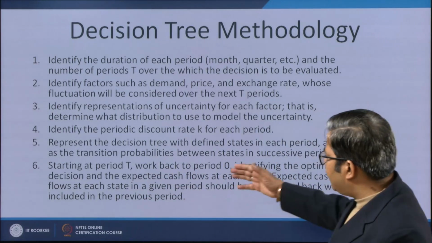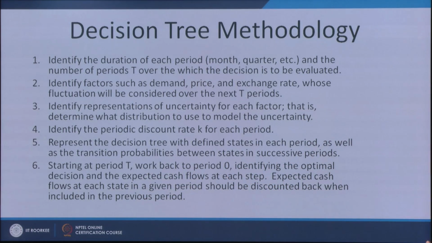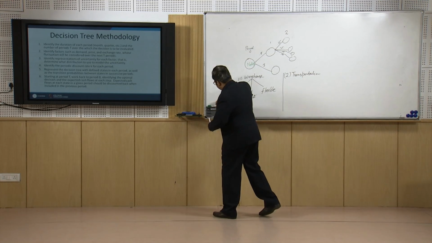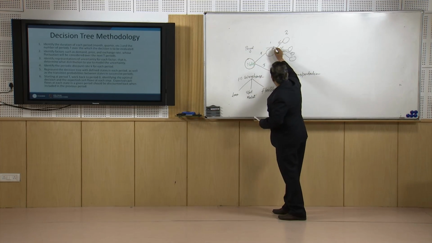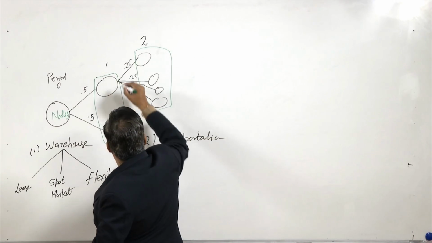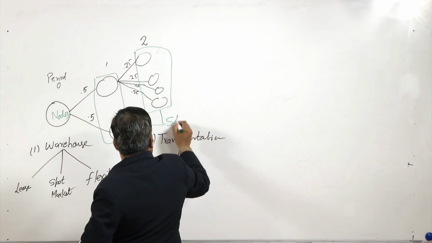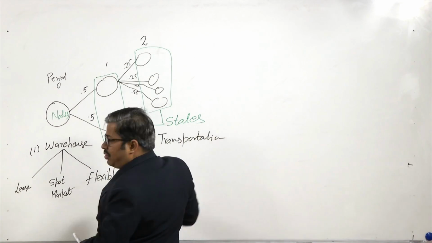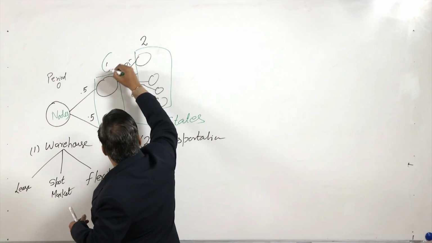Then represent the decision tree with defined states in each period. These are the states, and these are the time periods.